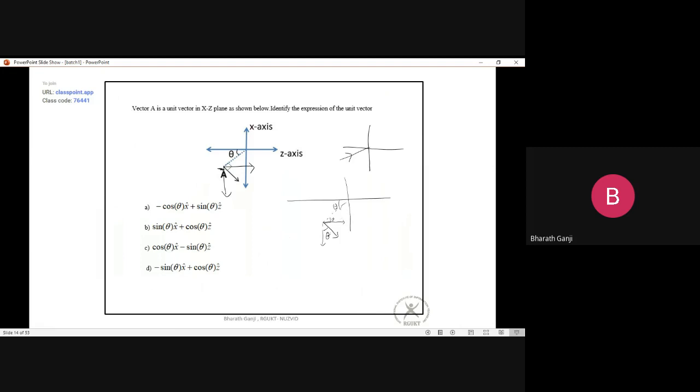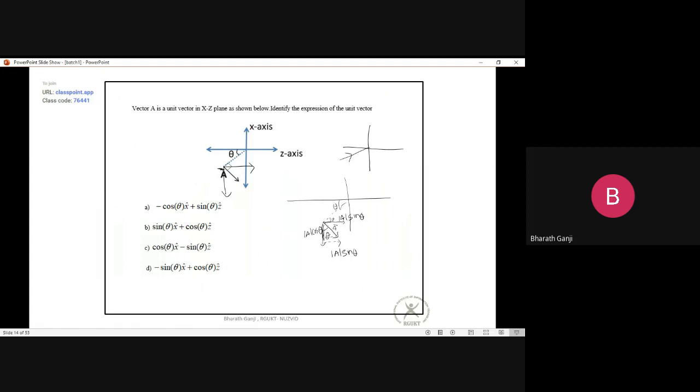So if this is theta, and this is the a bar vector, and I know the magnitude of a bar is 1. If you ask me what is the projection of this vector in this direction, it is nothing but magnitude of a bar times cos theta. On the opposite side, the projection is magnitude of a bar sine theta.